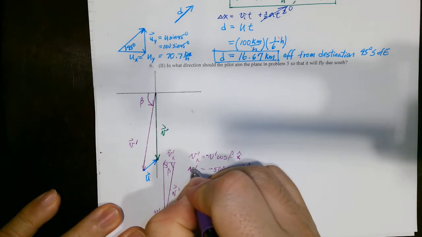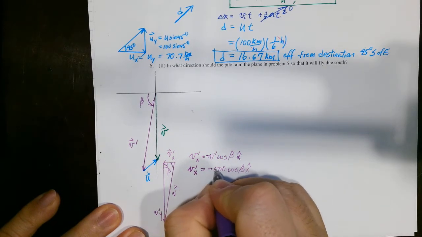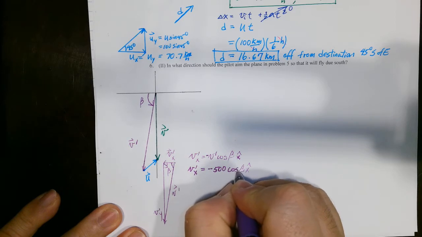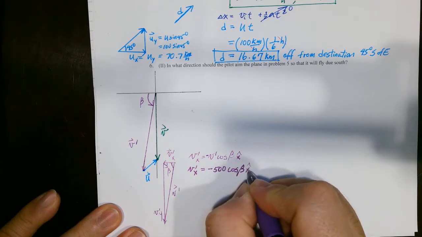So this is my V prime X is equal to negative 500 cosine of beta x hat.